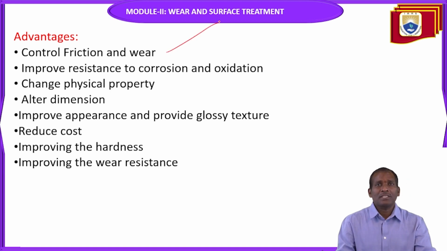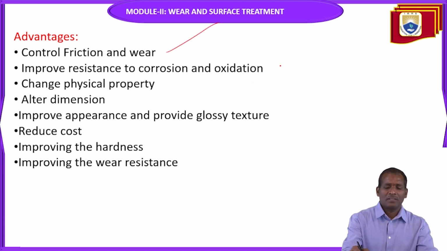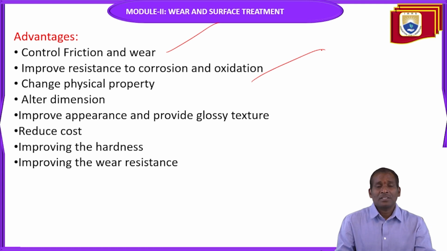Next, improve resistance to corrosion and oxidation. You can avoid corrosion and oxidation. Whenever your component or product is placed outside, due to the environmental conditions, corrosion and oxidation may happen.